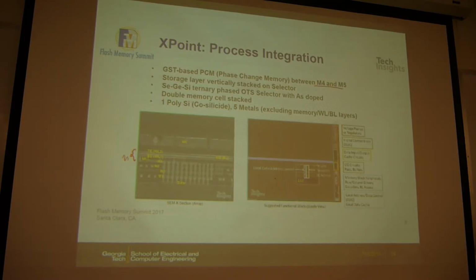It's not at the bottom. So underneath that, there are some contact wire for the transistors, or even here are some transistors. So those may be for the peripheral circuits. And some of the transistors may be hidden underneath the corresponding memory array. But the memory array itself is at metal 4 and metal 5 here. So here are the transistors.